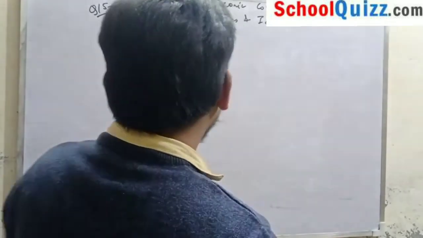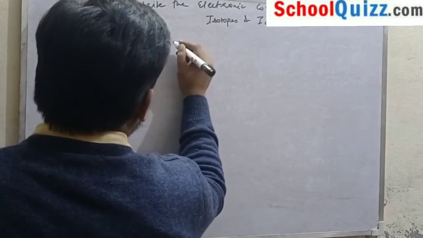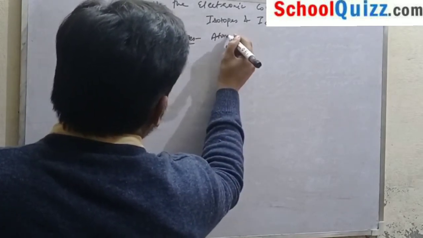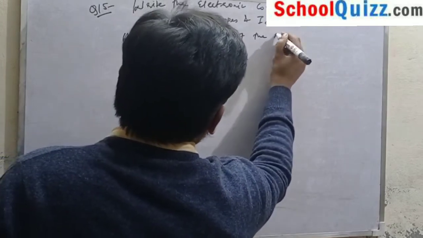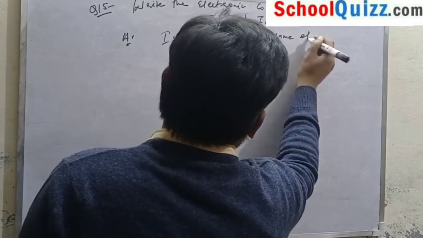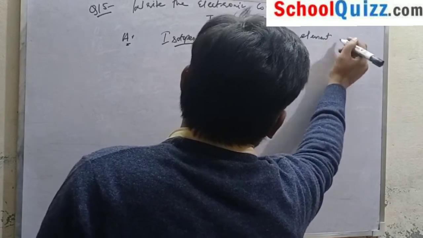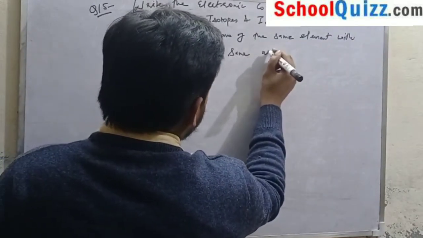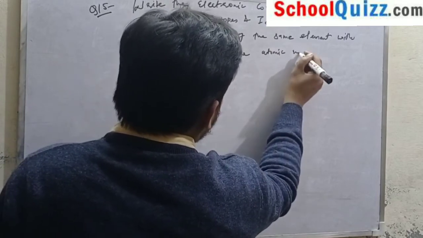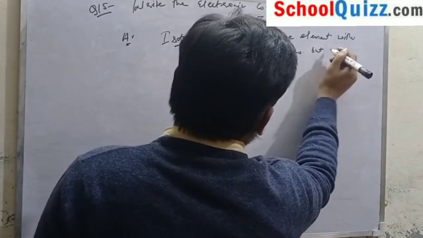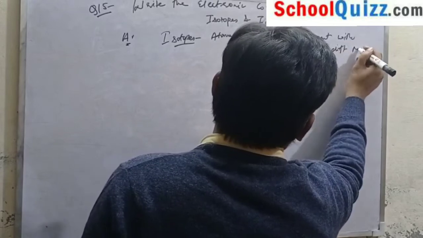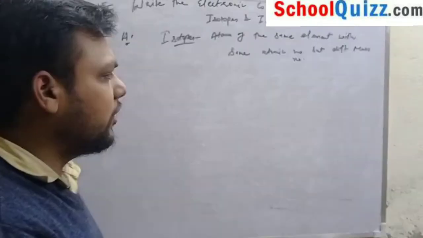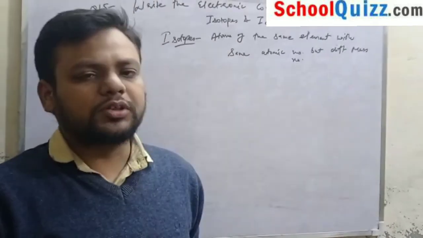So what are isotopes? Atoms of the same element with same atomic number but different mass number. You can take an example of isotopes like hydrogen, carbon.